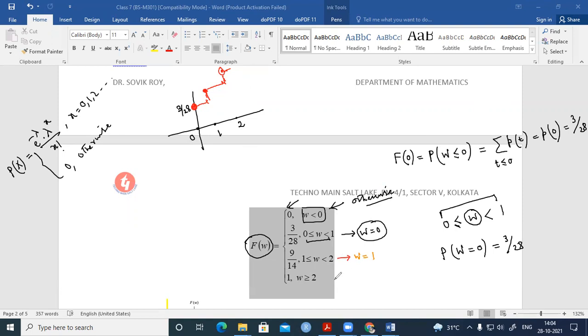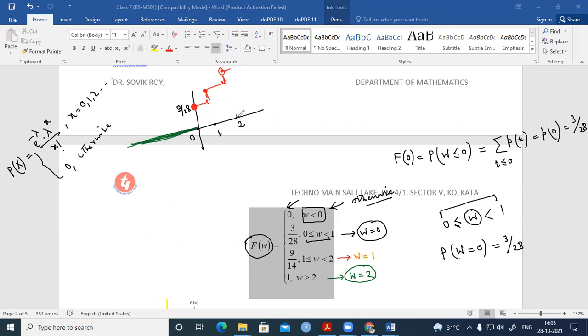Okay, now observe what I have written in the last part. I'm interested in finding out the distribution function value when W equal to 2. But what happens, because we are actually considering the entire real line, for which the distribution function is defined. So on the left hand side of 0, in this particular portion, the probability is 0. So nothing is there.